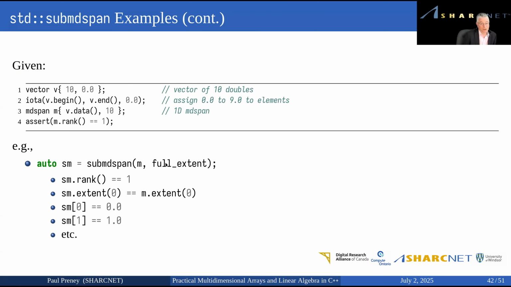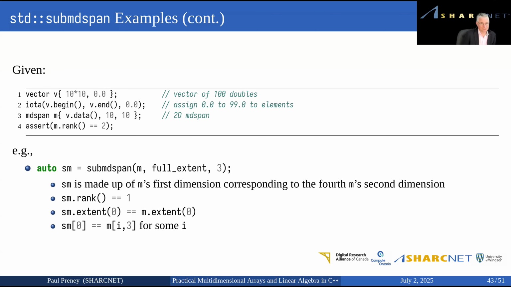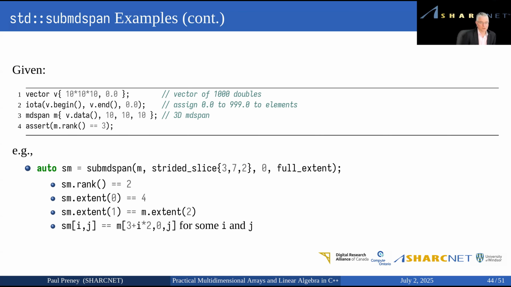And finally, if you have to say everything because you want it to be the same, then this will do it. But you'll say those are only 1D. How do you do 2D? Well, this will show you how to do the 2D. And I simplified here saying, look, this is equal to the matrix i comma 3, because we said full extent comma 3. Similarly, strided slice, 0, full extent, and you can do stuff like this. So have fun, do whatever you've got to do.